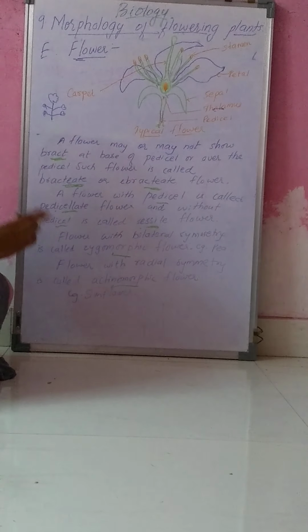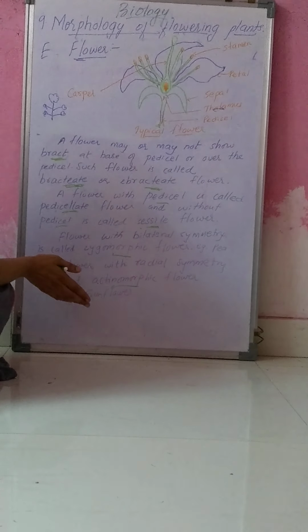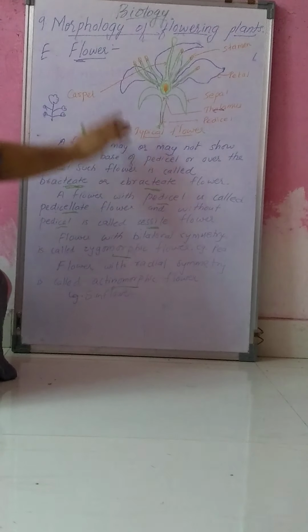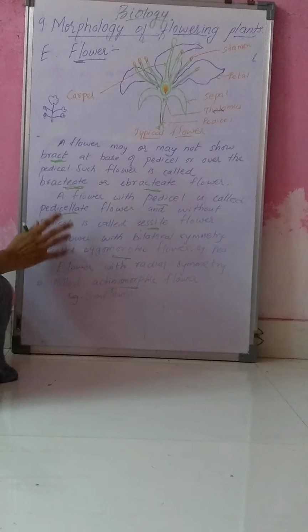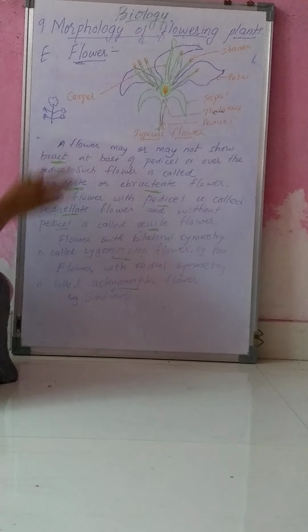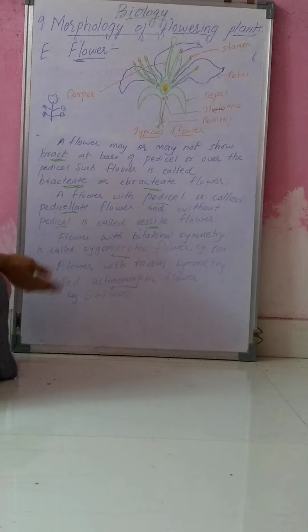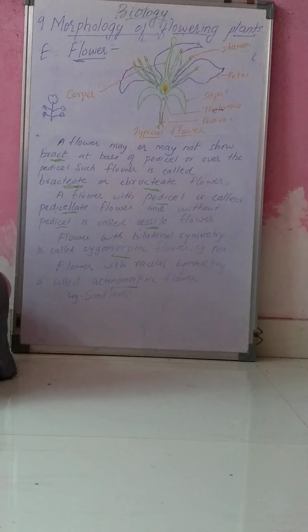In inflorescence we have studied two types, racemose inflorescence and cymose inflorescence. Then we started with flower, and today we have studied the types of flower, on the basis of bracts, pedicel and symmetry. And also we have studied the definition of a flower. Thank you.